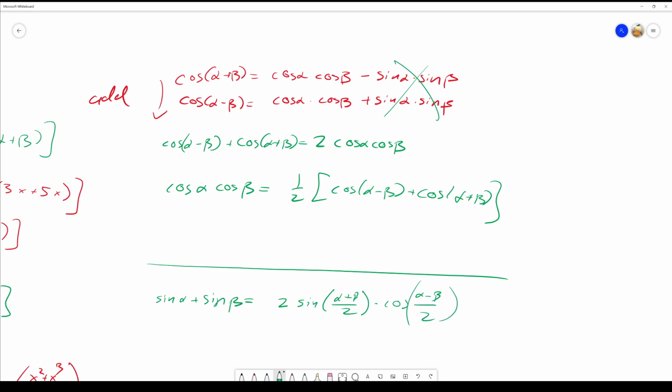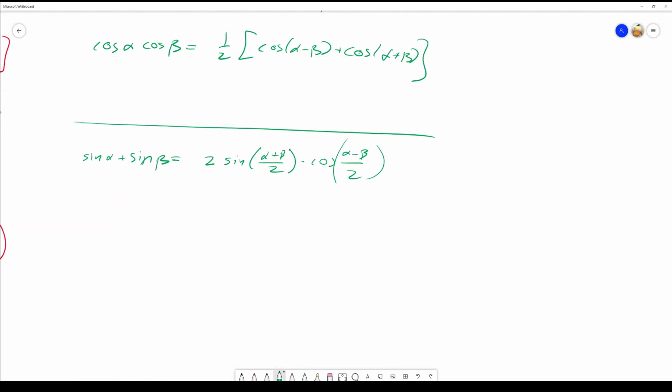So the way you could do that is to start on the left and think, well, how can you think of the sine of alpha plus beta over 2?